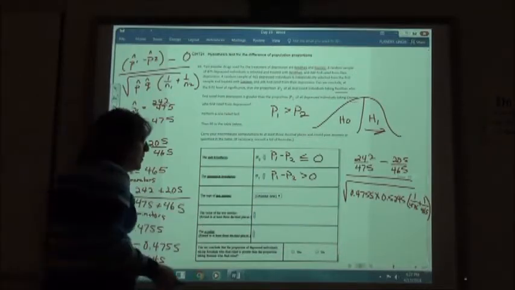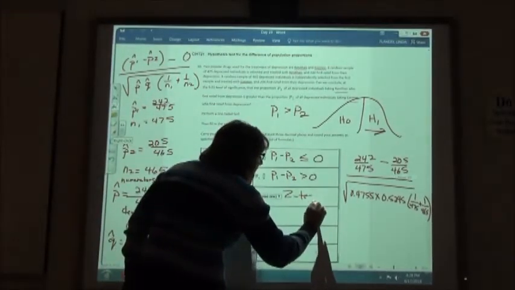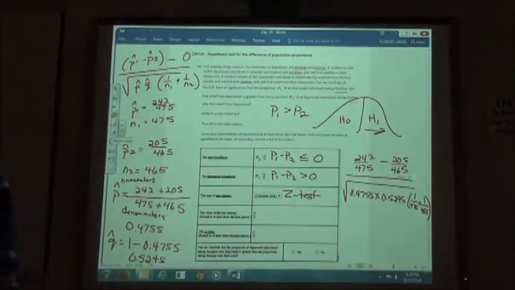I forgot to do the type of test statistic. This is a z-test that we're doing when we do the proportion problems. So now we get to punch that crazy thing into our calculator. Click to the box first. 242 over 475 minus 205 over 465.